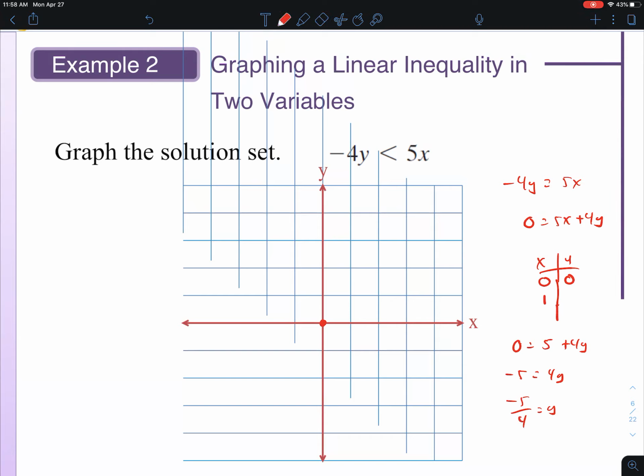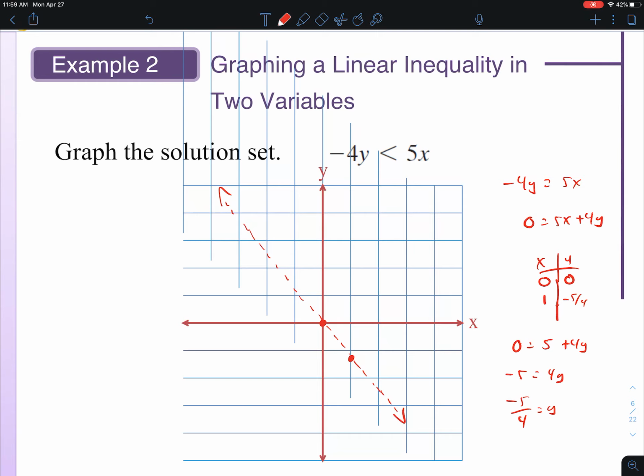So if I were to graph this, my ordered pair would be 1, negative 5/4. Negative 5/4 is negative 1.25. So I'm just going to put it right there, because this will be negative 1 and this will be negative 2. Now, it is a less than, so it's going to be a dashed line. So I'm just going to do a dashed line. And that's my dashed line.